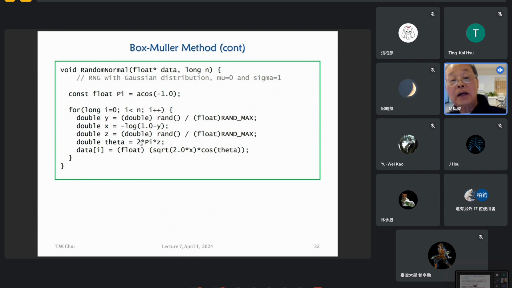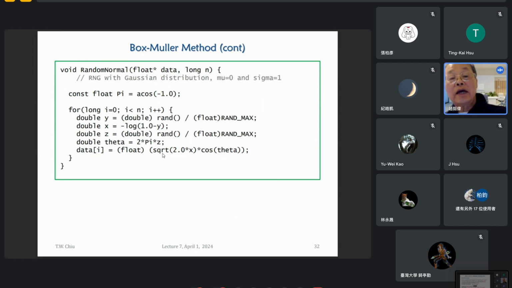Theta is 2 pi times c, so I get an angle theta uniformly distributed from 0 to 2 pi. With theta and u, I just use the formula square root of 2u times cosine theta, and this is the Gaussian distributed random number.